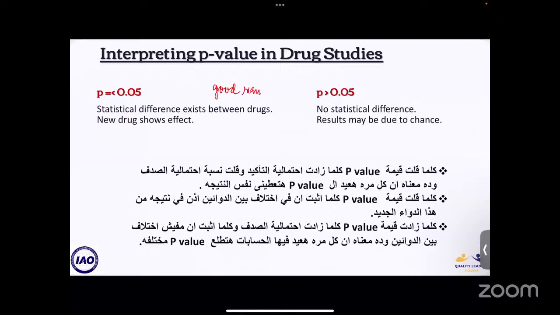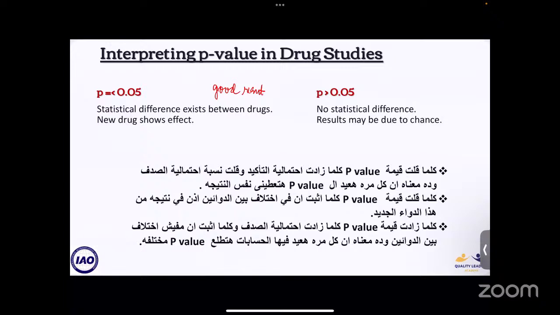So this indicates that the results represent reality, and there's an increased likelihood that the results are representative of the population. Conversely, as the p-value increases, the probability of chance increases, and the reliability of the results decreases. So in the drug studies, the smaller the p-value, the greater the statistical significance.